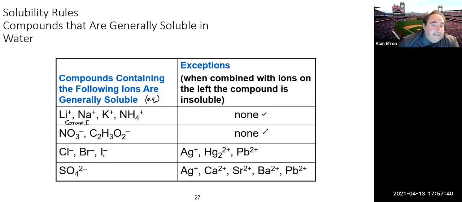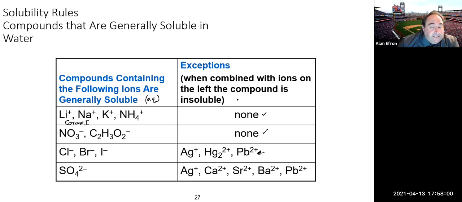Chlorides, bromides, iodides are also going to be soluble, but the difference is we have some exceptions. So what does this mean? Well, if we look at the table, if something is on the left-hand side of the table, that means that it is aqueous.